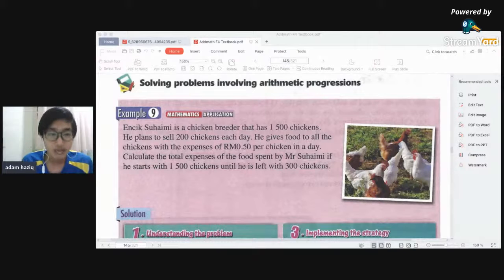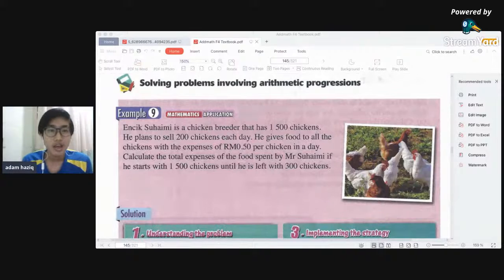So first step, we look at the solution down there. The first step will be understanding the problem. The question asks us to find the total expenses of the food spent by Mr. Sohaimi if he starts with 1,500 chickens until he is left with 300 chickens. So we will start by extracting some information given from the statement.